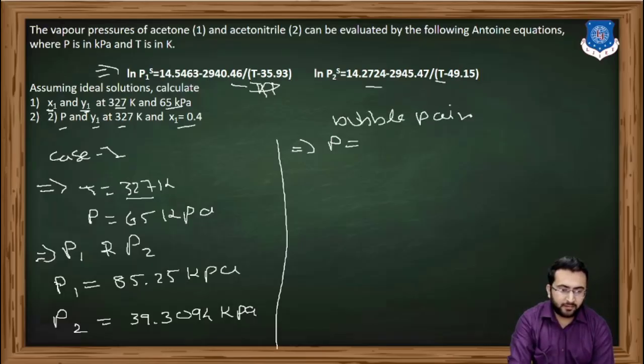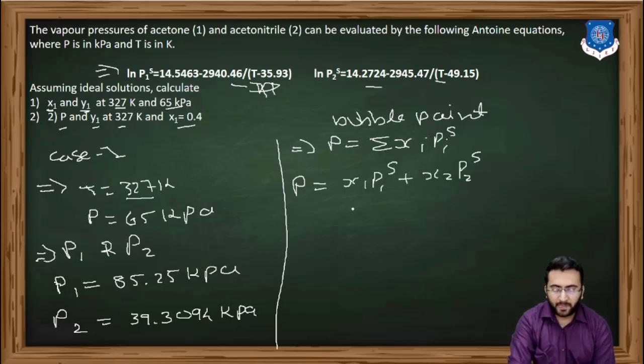The bubble point equation is given by P is equal to summation of xi Pi saturated, so P is equal to x1 P1 saturated plus x2 P2 saturated. Here there are two unknown variables, and we cannot calculate two unknown variables from one equation.